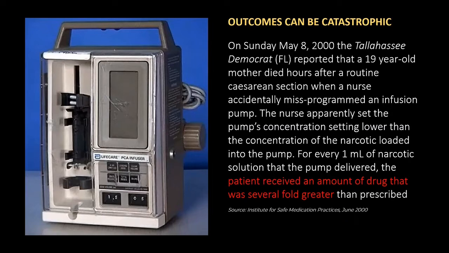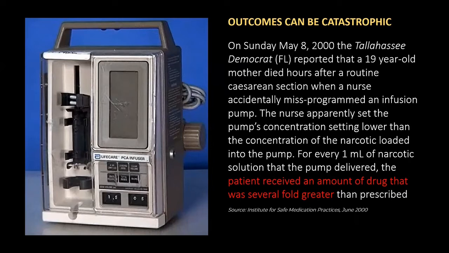So some of these outcomes can be catastrophic. And I just use this as a single point of why it's important that we do this. There was a recorded case in 2000 where a 19-year-old mother who had a routine cesarean was accidentally given an overdose: the infusion pump being used on her was misprogrammed by the nurse, who had inadvertently set the pump's concentration setting lower than the concentration of the narcotic being loaded into the pump.